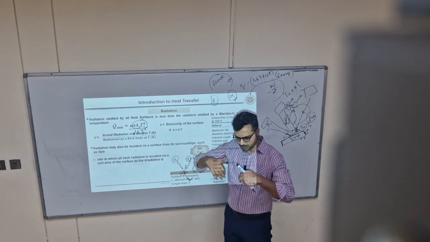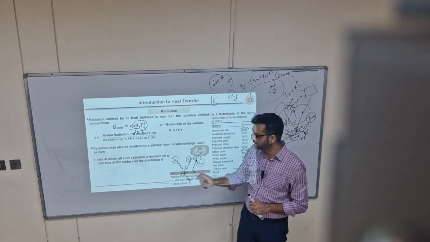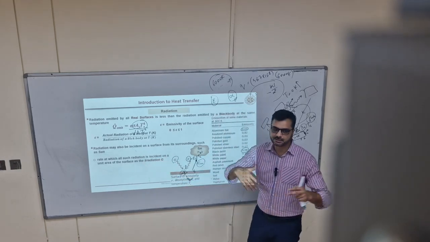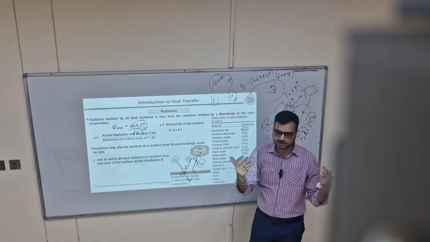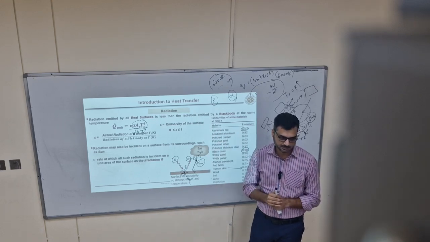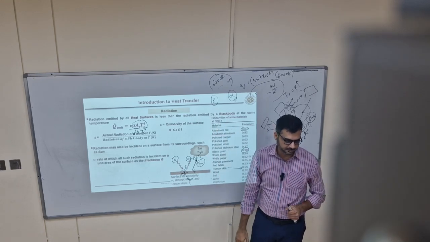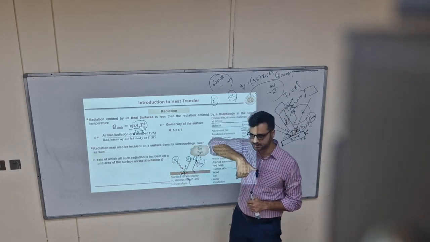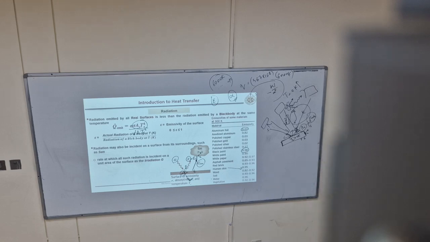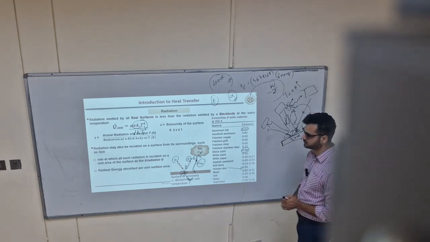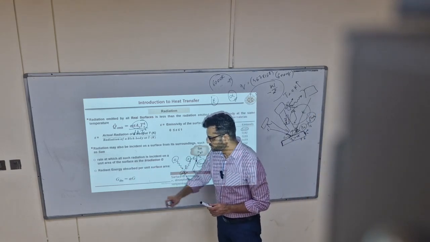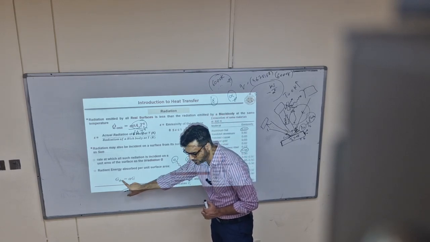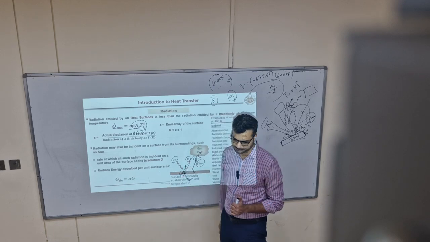The radiation falling on the surface, we call irradiation. And the radiation emitted by a body, we use the term either emissive power or simply emitted radiation. Irradiation means radiation which is falling on the surface of a body. How much of this irradiation will be absorbed is given by alpha.